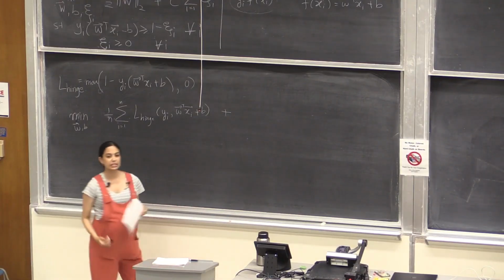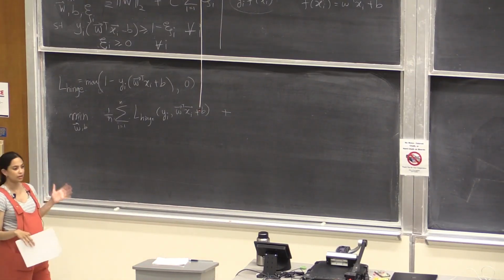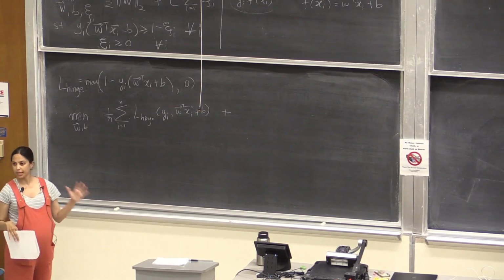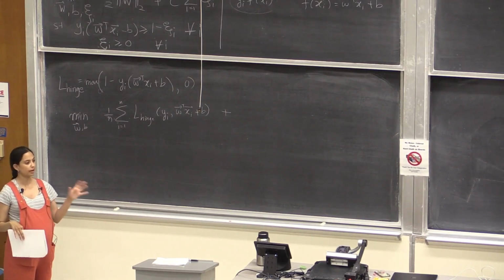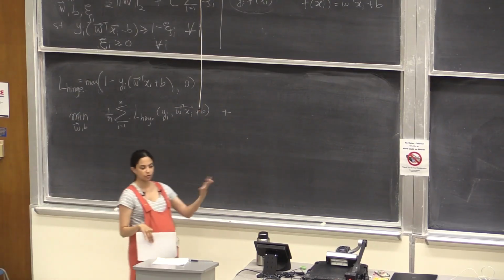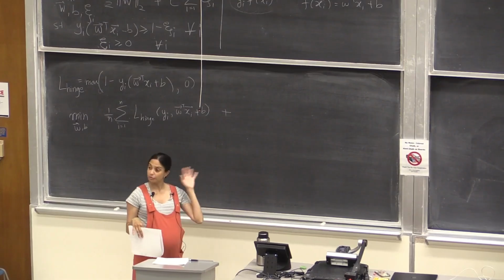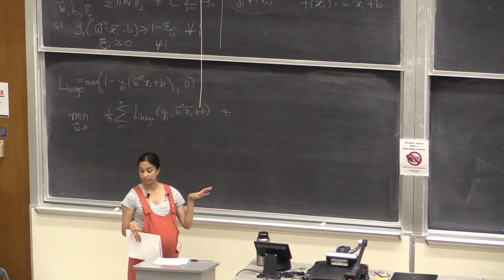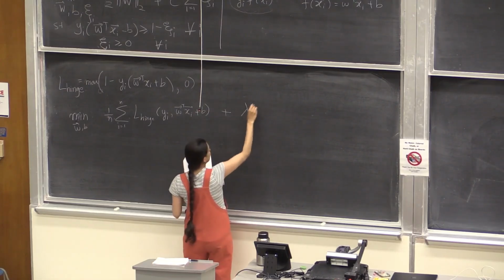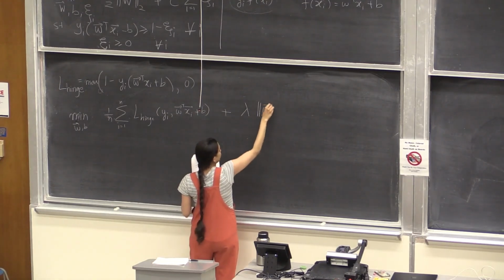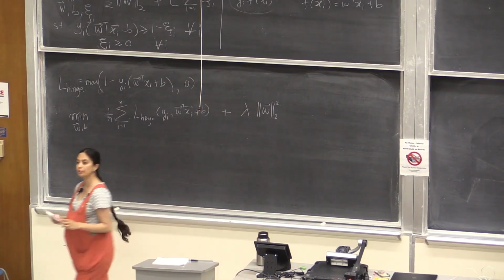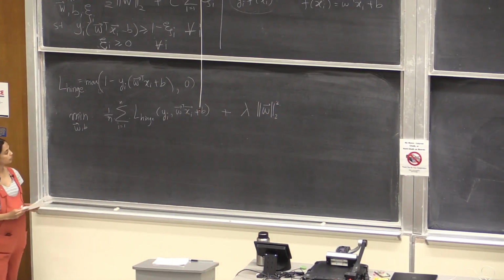This again has the same problem for W and B that we had before: multiple hyperplanes are represented by multiple pairs of W and B. We discussed different choices for how to avoid this problem. We chose a particular one last time. This time we'll choose a different one. I'll add a regularizer to make sure that the norm of W is small.